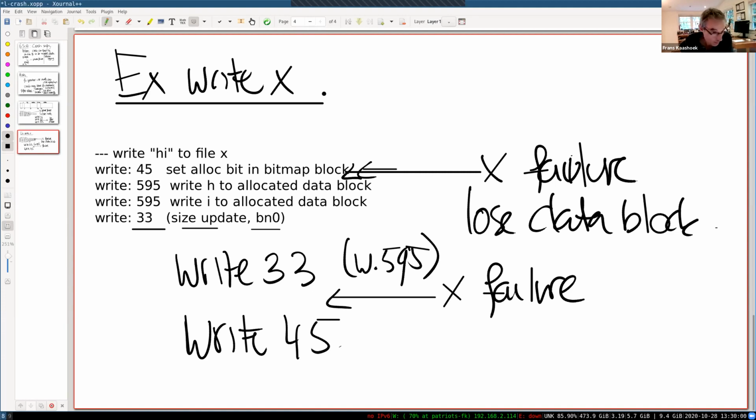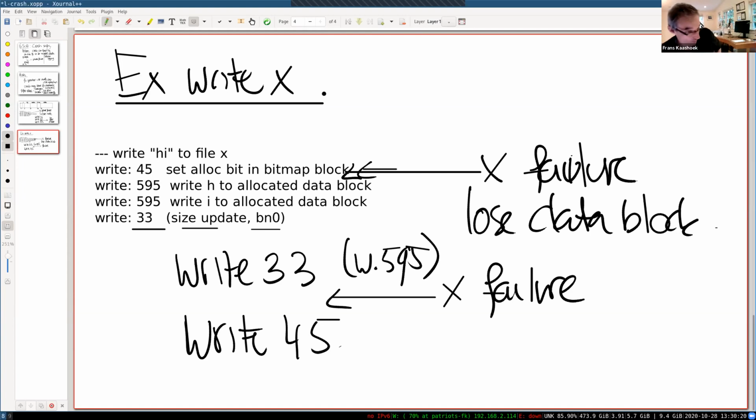And so when later another file is created, that block actually might be used for that other file. And so now suddenly one file thinks it owns 595, but actually another file does. In fact, both files will have 595 in their block numbers for their inode.